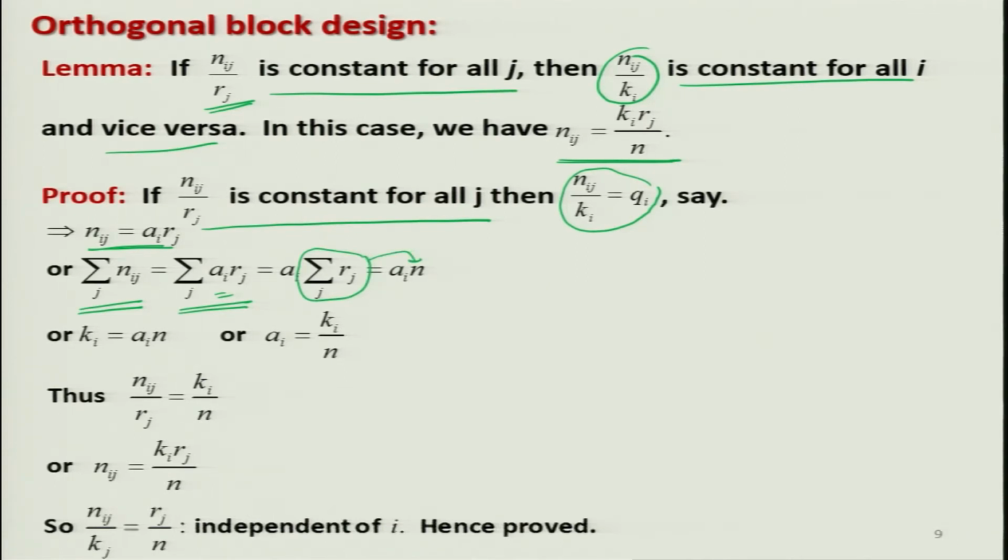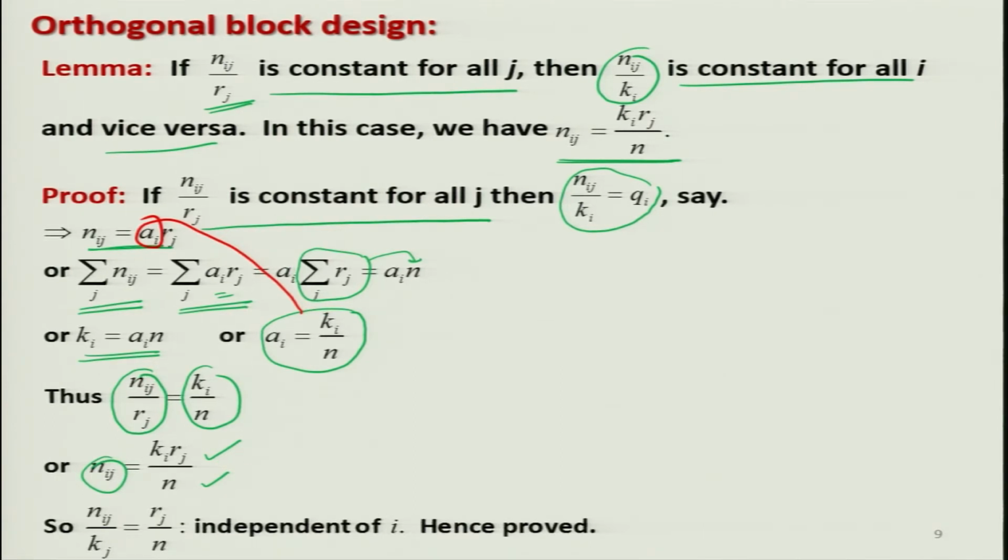So, now you can see that this k_i becomes a_i into n, or a_i is equal to k_i upon n. So, now I can substitute this a_i here, and then I can write that n_ij upon r_j is equal to k_i upon n, or n_ij is equal to k_i into r_j divided by n, or n_ij upon k_i is equal to r_j upon n.